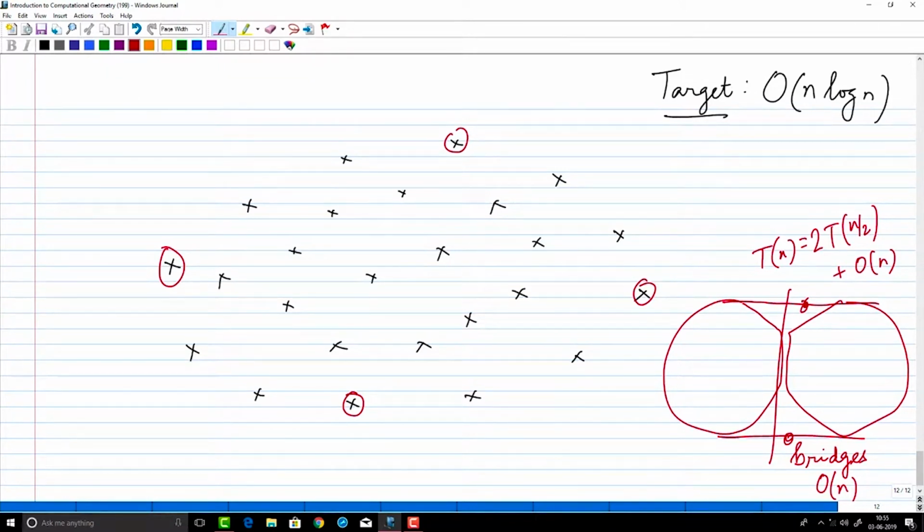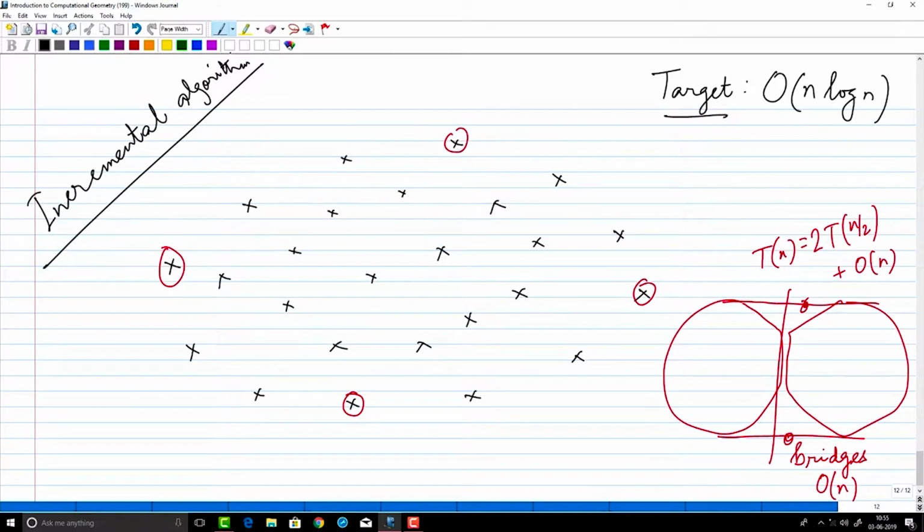But let us now forget about this, and let us look for an algorithm of the incremental paradigm. We will try to figure out an incremental algorithm for this problem.